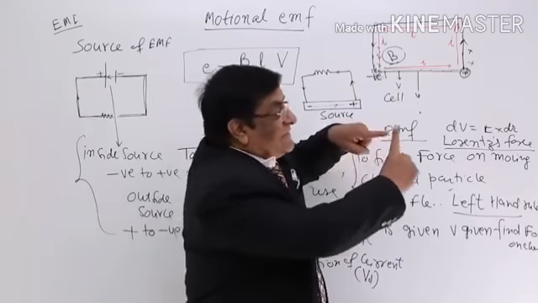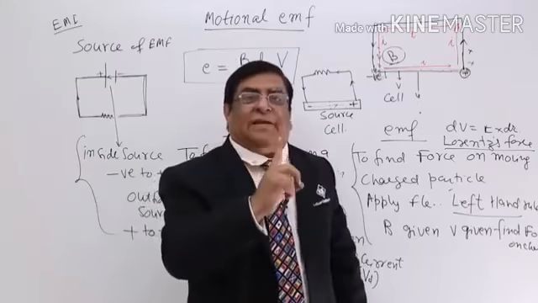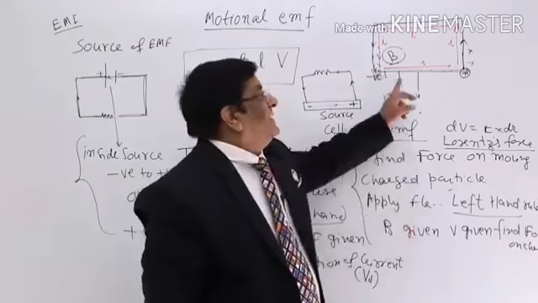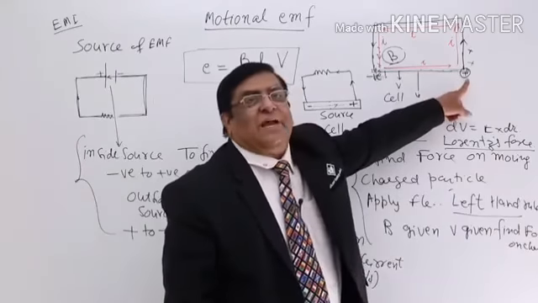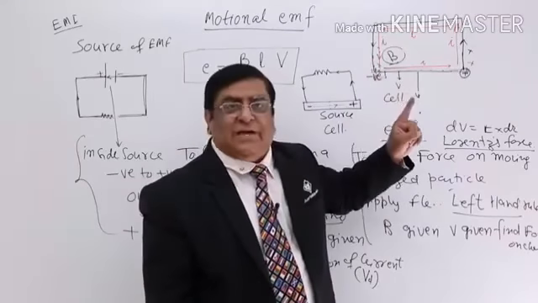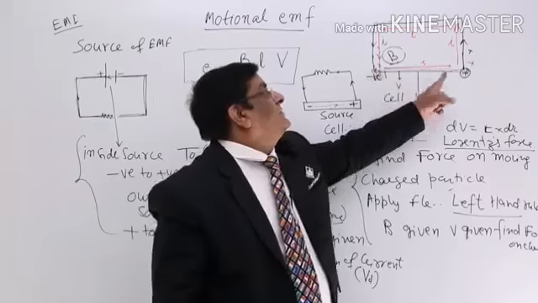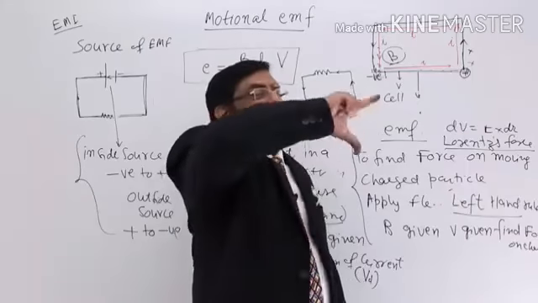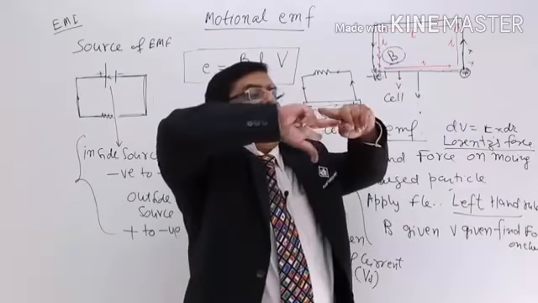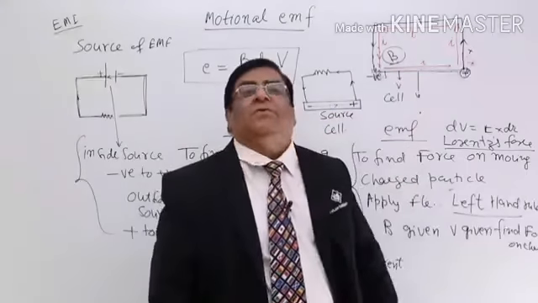Which side, eastern or western, will become positive, which will become negative? So our answer is this eastern side will become positive and this will become negative, because inside the rod the current has to flow from minus to plus, and this gives that current is flowing from west to east inside the cell. This is how you find the direction.